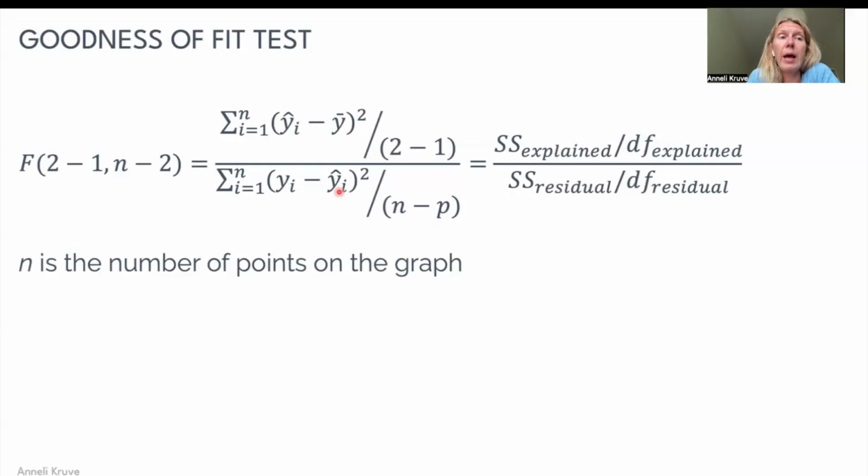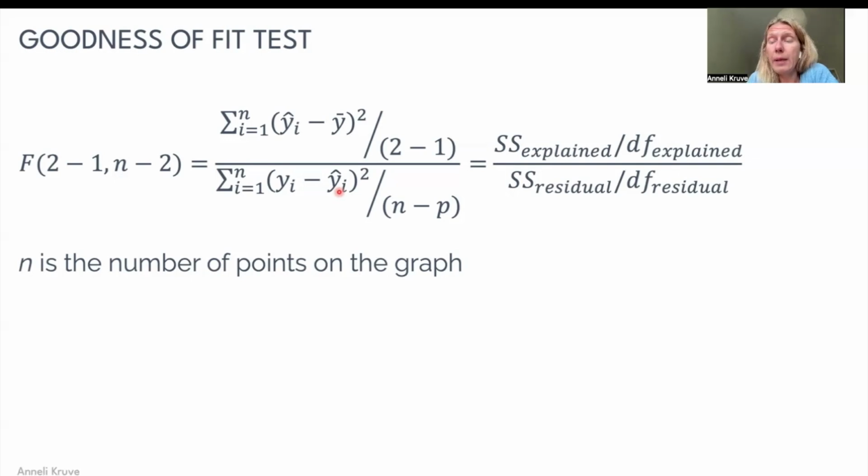And from this, we can ask 2 different questions. The first question corresponds to the so-called goodness of fit test, where we are asking, is the explained variance statistically significantly larger than the residual variance?